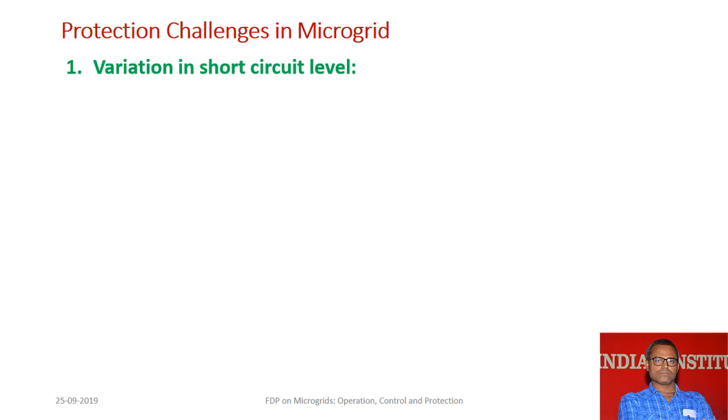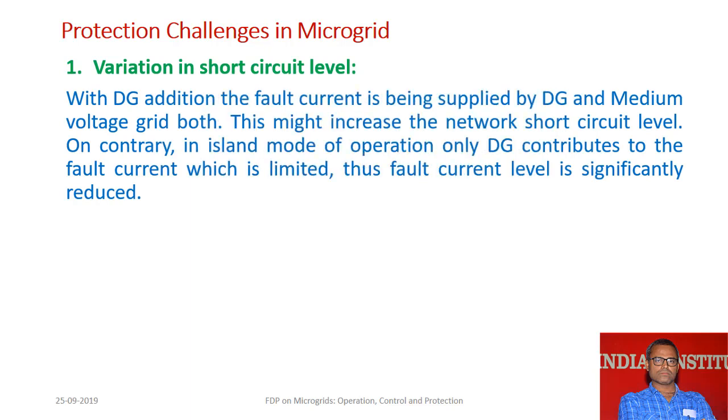The first issue is variation in the short circuit level. Short circuit level means the short circuit current, and it always varies in the microgrid for different operating modes, unlike the normal utility grid. So how does it vary? With the addition of DG, the fault current is supplied by DG and the medium voltage grid both.